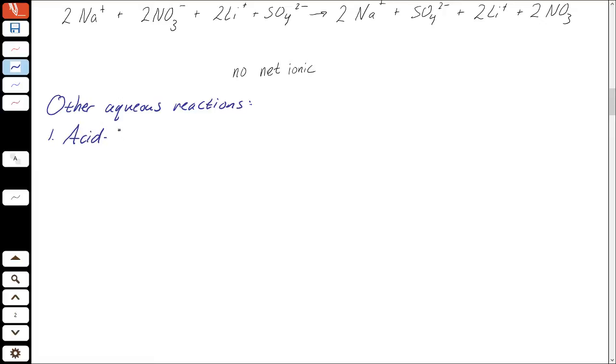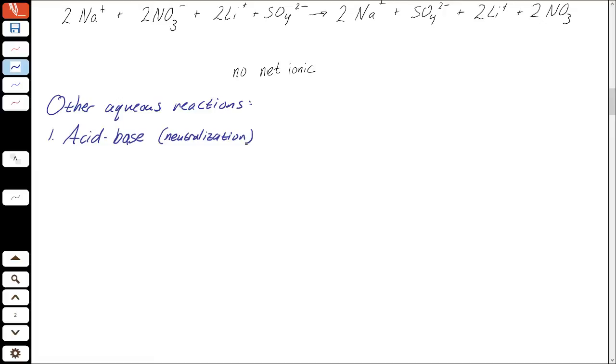So one type is an acid-base reaction, also known as a neutralization reaction. All right, in an acid-base reaction, we have an acid, which we can identify from the naming in the last chapter, right?